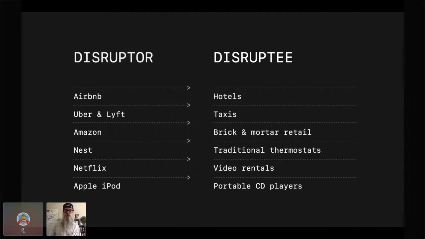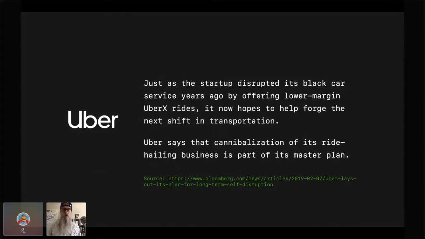So Uber, as I was talking about before, earlier this year, back in February, I believe, published an article talking about ways in which they can cannibalize their own business. Years ago, they disrupted their black car service by introducing lower margin UberX rides.